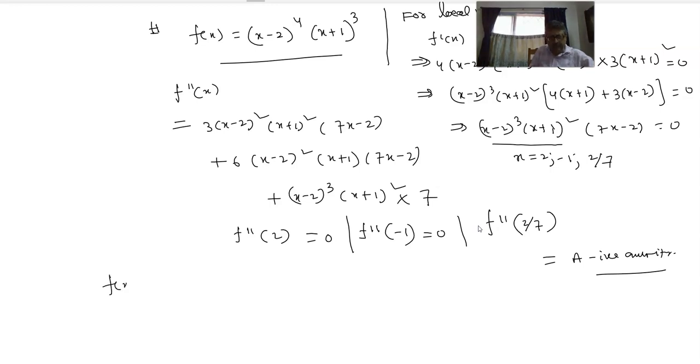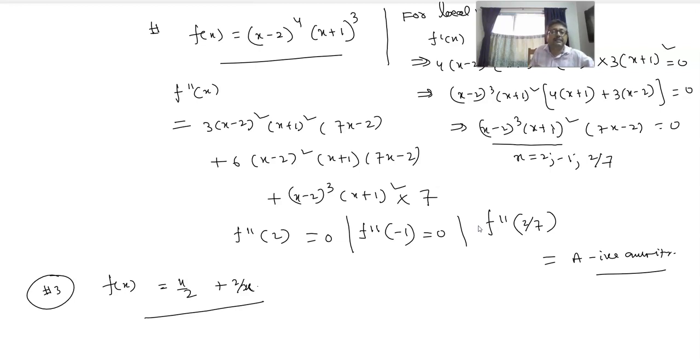Show that the maximum value of f(x) is equal to, this is the third sum on the same topic, maximum value of this is less than the minimum value of this function. Show that the maximum value of the function x by 2 plus 2 by x is less than the minimum value.